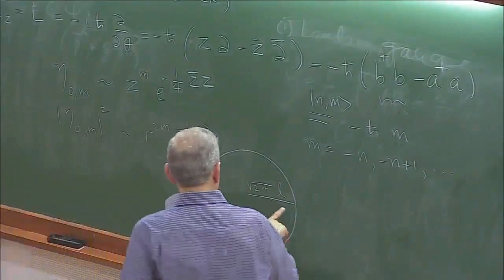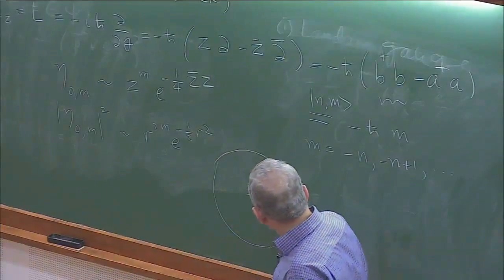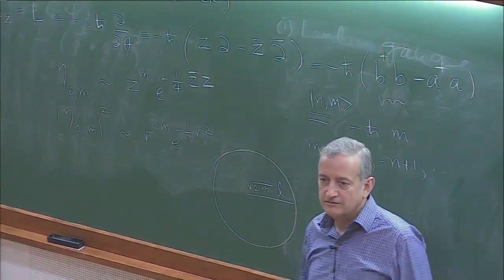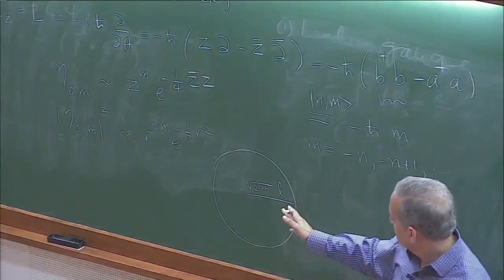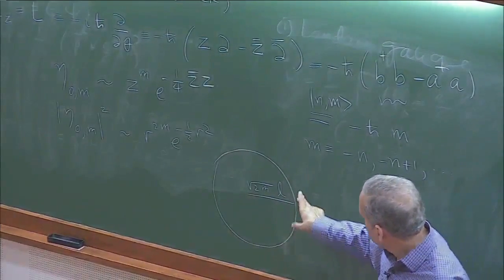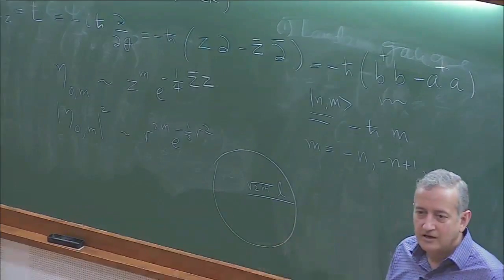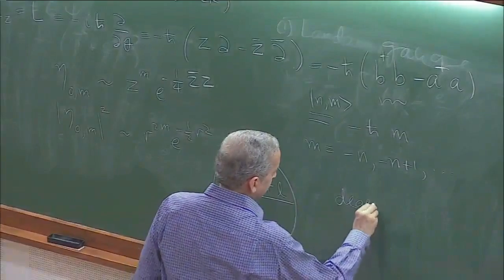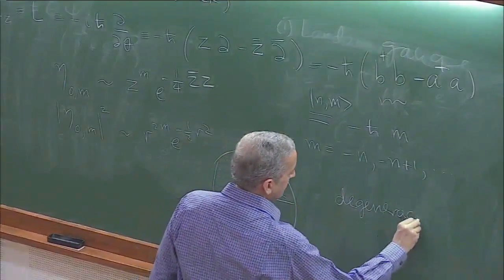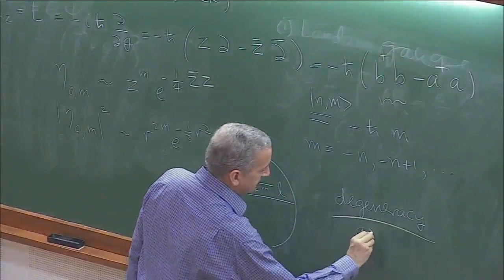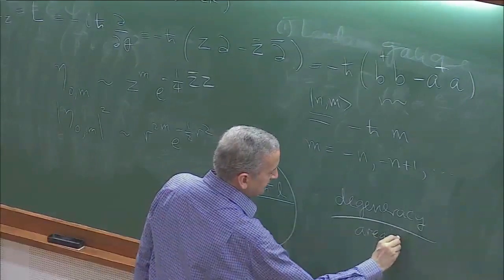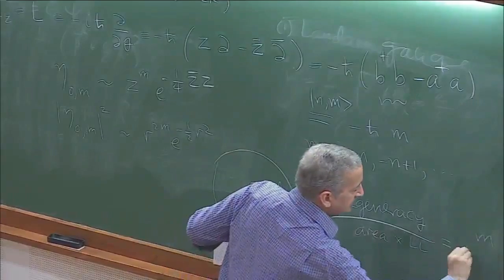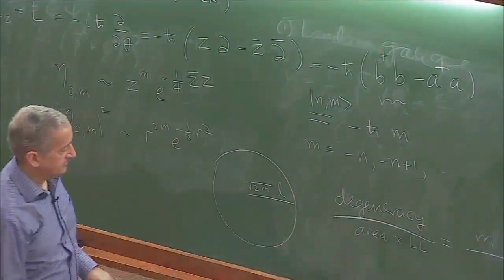But degeneracy can be gotten straightforwardly because in this area, I have m states, since states begin with 0, 1, 2, 3. So degeneracy per unit area per Landau level is equal to m divided by this area.